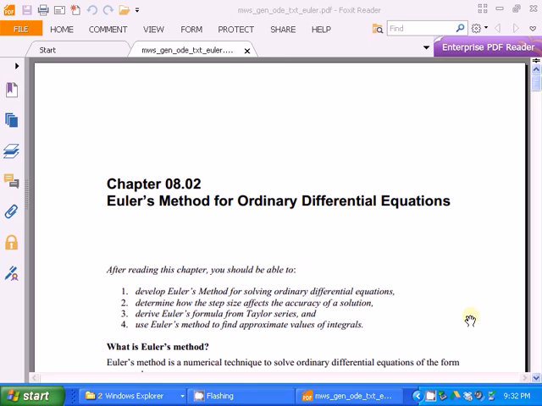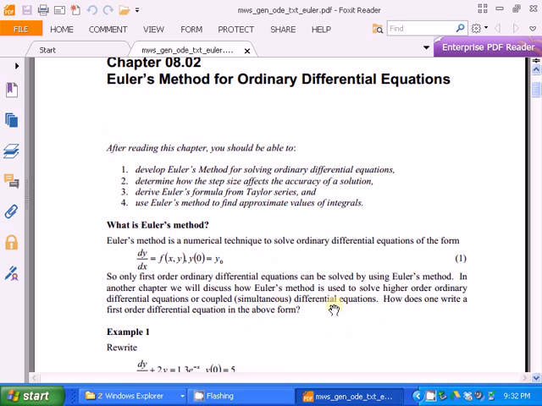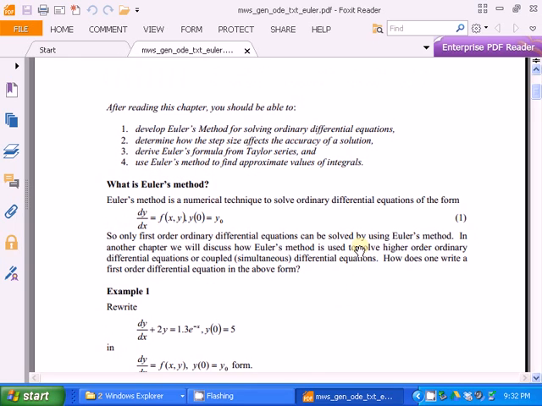Okay? So Euler's method is a solution for solving ordinary differential equations. Mathematicians first became interested in these things when they were studying equations of motion, particularly equations of motion of the planets. That was very interesting to Newton and others.